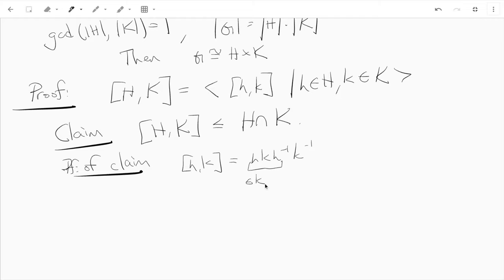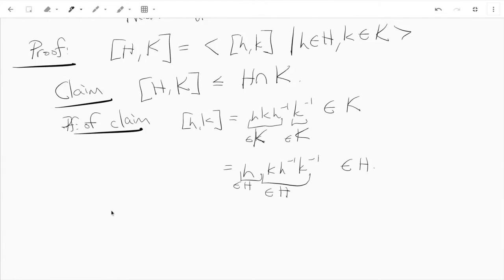This is in K since K is normal: it's h times something in K times h inverse, so it's in K. This is in K as well, so it's something in K times something in K, so this is in K. But you can also think of it as h times k h inverse k inverse. This is in H since H is normal. This is also in H, so this whole thing is in H. It's the same thing, so it's in both H and K, so it's in their intersection.